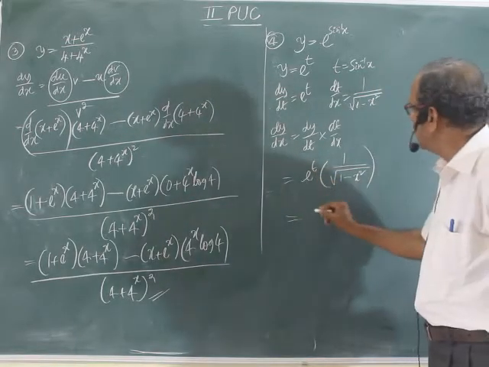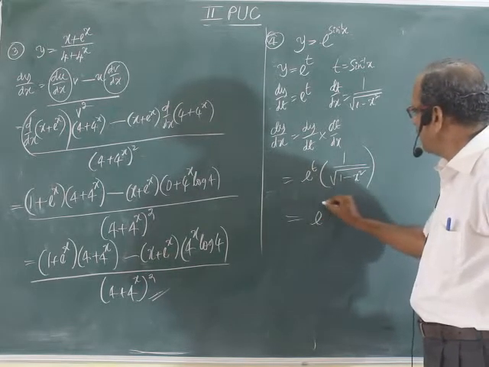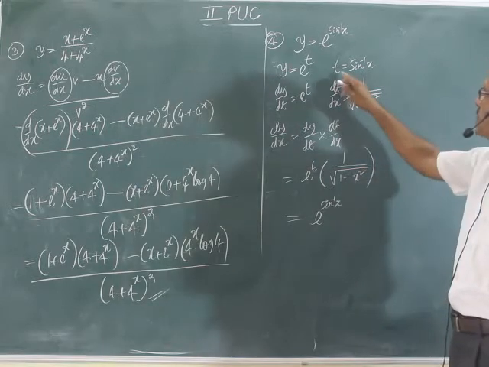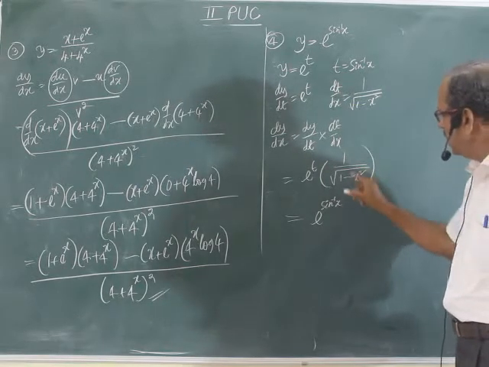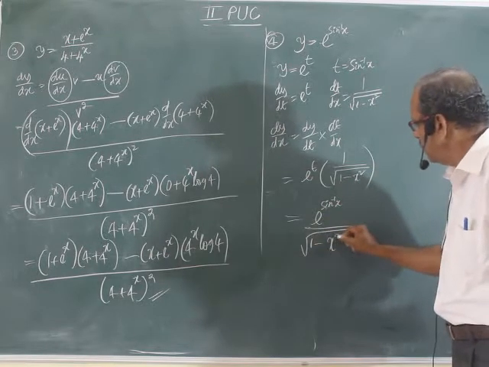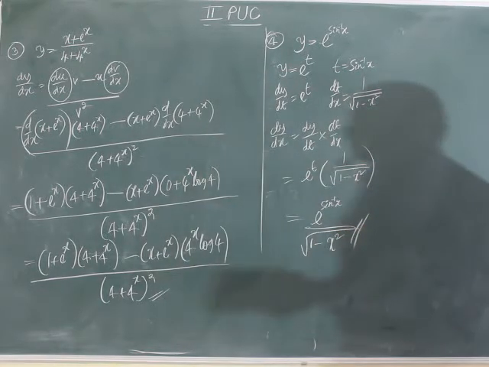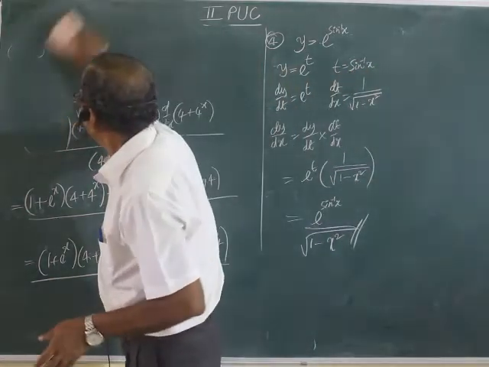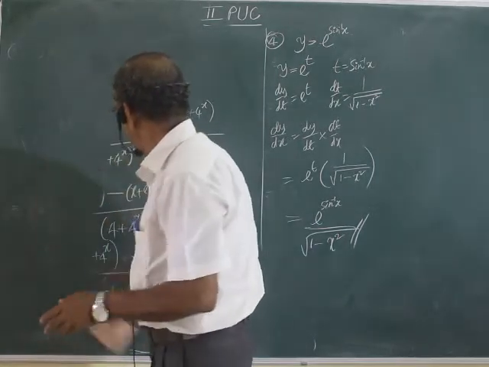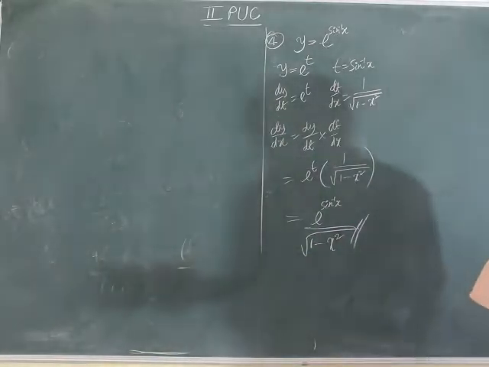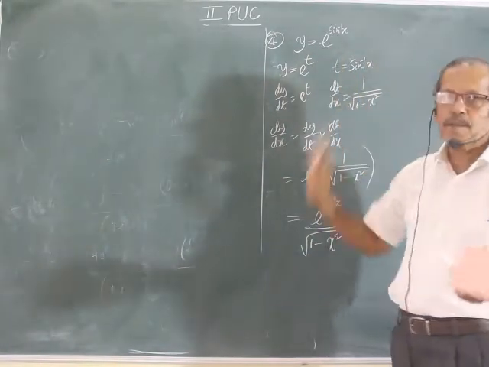So it is e to the power sin inverse x, because t is sin inverse x, into 1 by root of 1 minus x square. See the function, chain rule, by taking t you can find. Totally I have taken e to the power, that's all.